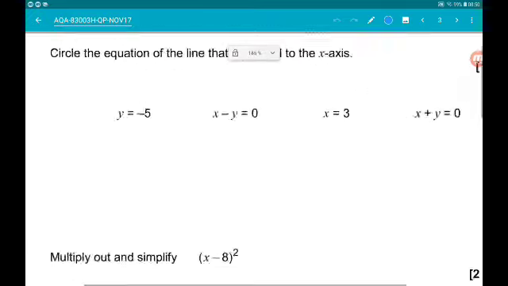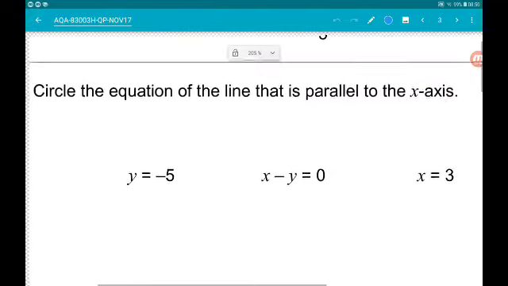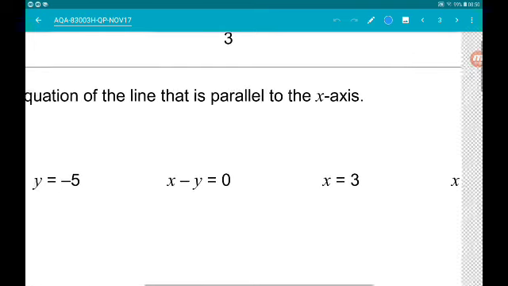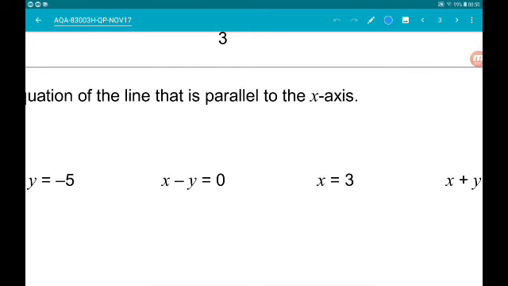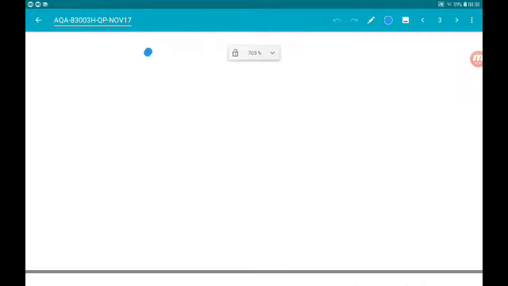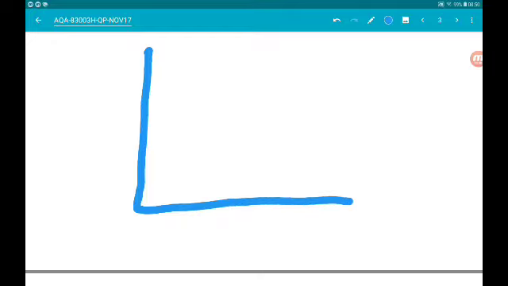Okay, question 4. Circle the equation of the line that is parallel to the x-axis. So, if we just draw some axes, lines parallel to the x-axis are going to be going across like that.